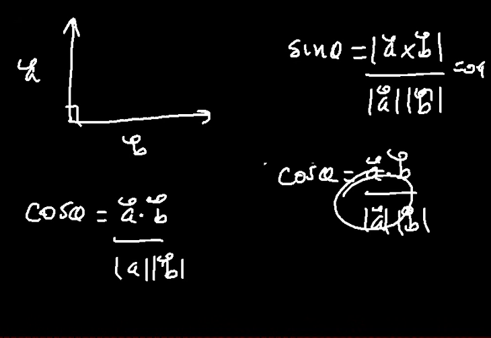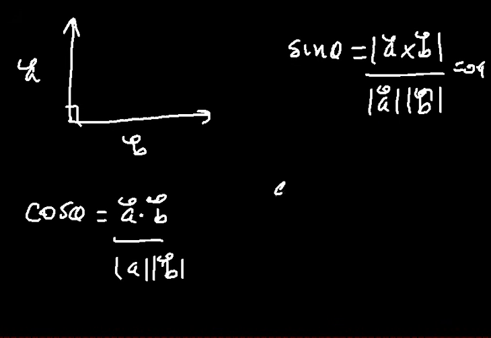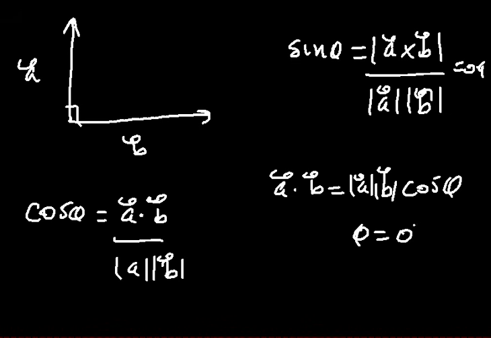If we cross multiply, we have the dot product of the two vectors equal to the magnitude of vector A times the magnitude of vector B times cos theta. Now, if the angle theta is 90 degrees, cos 90 degrees is equal to 0.